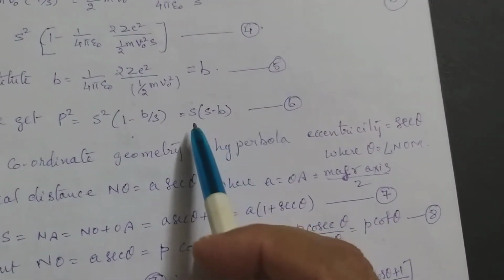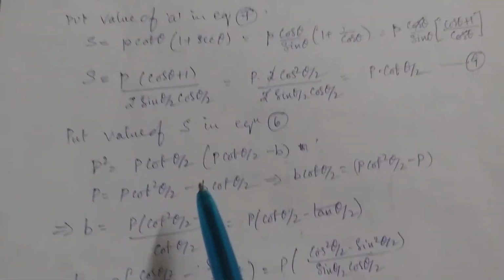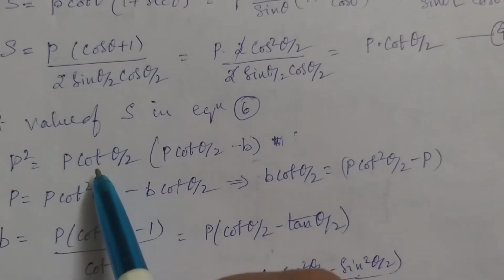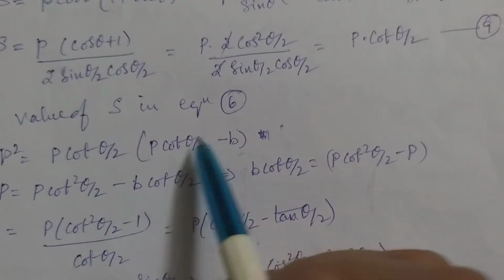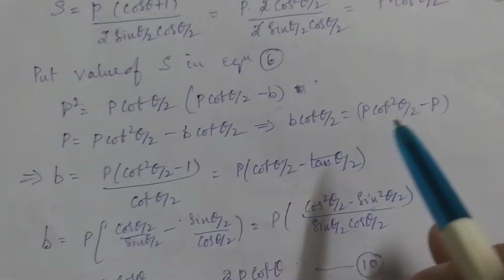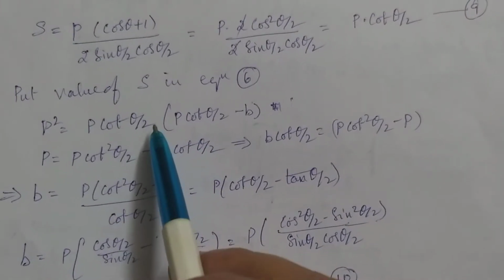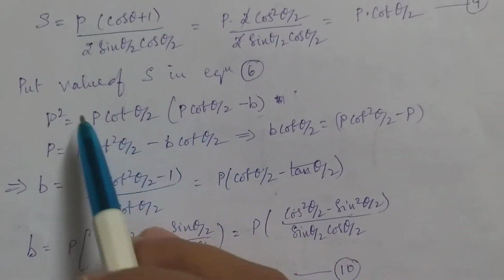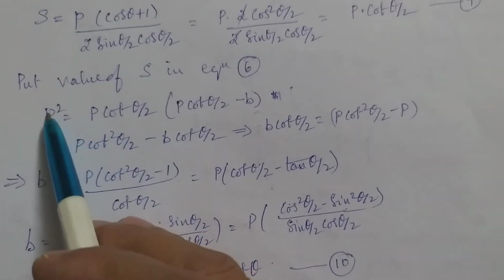Let us put the value of S in equation 6. This equation. P square is equal to S into S minus B. You will rearrange this equation. You can go through P cot theta by 2 into P cot theta by 2. This P will go, first of all. One P will go from here.